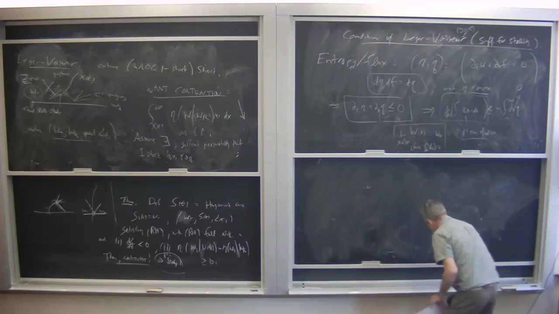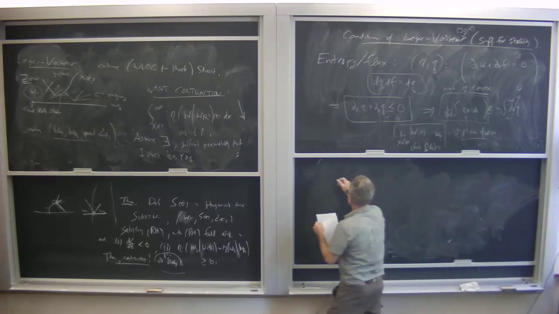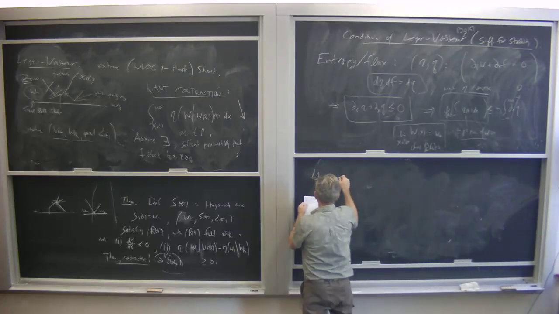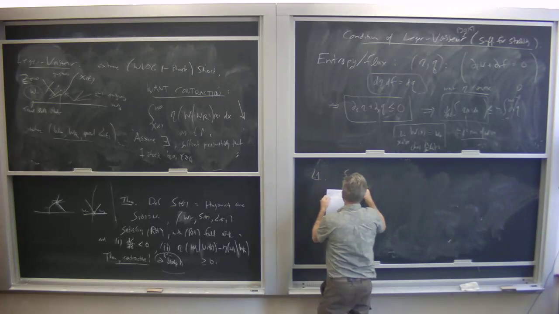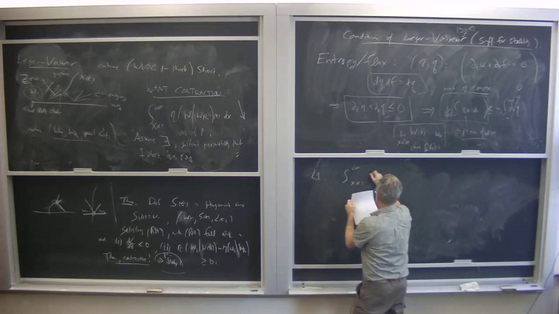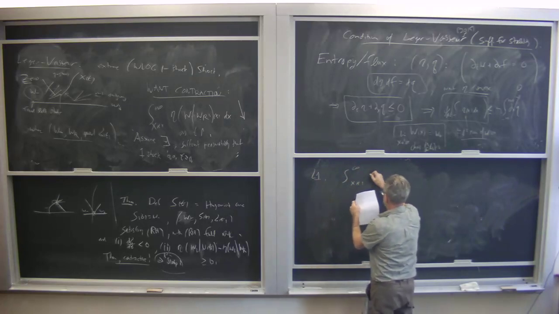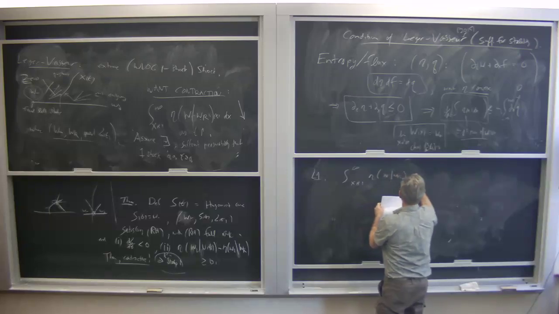So the first lemma: the integral from x(t) to infinity of eta of WR dx.